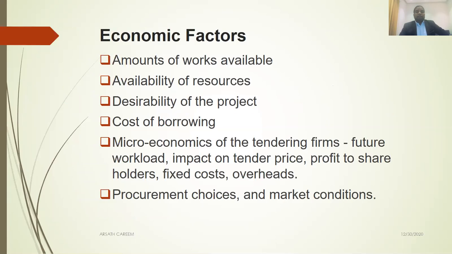Economic factor. So far we have discussed the design factor and site factor. The third one is the economic factor. It depends on the amount of work available. If you want to build a small building versus a large quantity, a big building, definitely there is an impact on cost per meter squared.